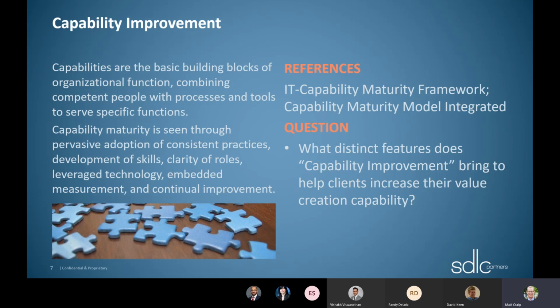The nice thing about capability improvement and the realm particularly of capability maturity is that it gives you a set of understandable reference points to gain understanding of where we are today in terms of our maturity or effectiveness of different functions, and what are some guideposts to take us towards a better future, as opposed to sort of idealistic best practice models, which give you the here's what really good looks like.